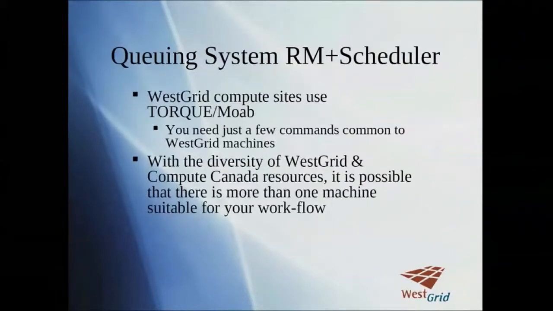And Moab is also working all the time, trying to figure out which jobs have to be started next, which jobs have to run. And in terms of our queuing system, we are using a so-called fair share tree. So basically, we are trying to make the system fair to every user, to everybody.